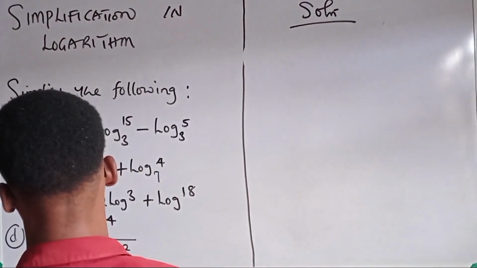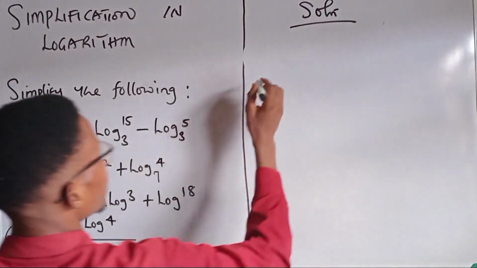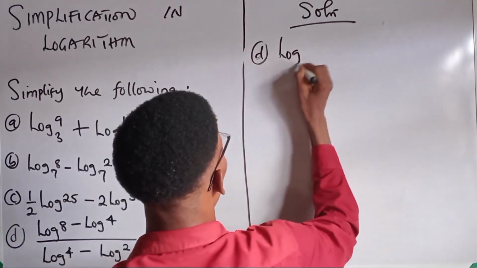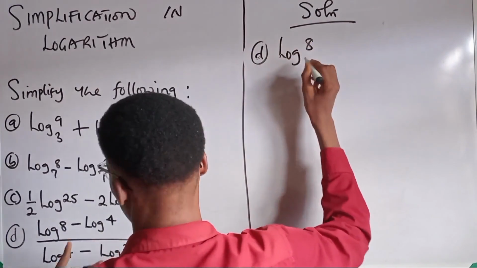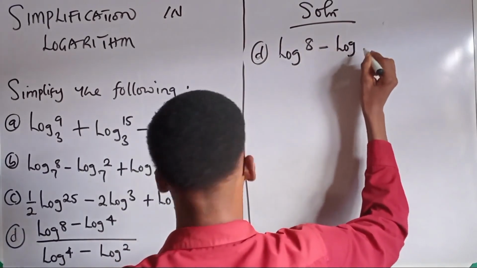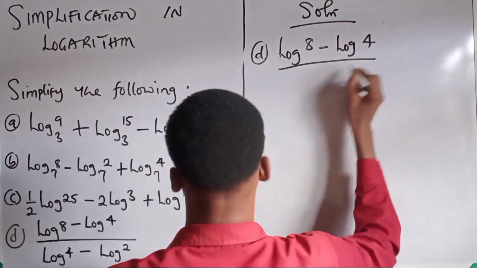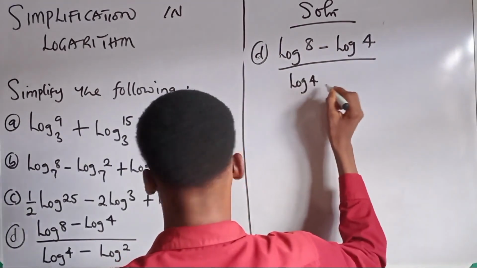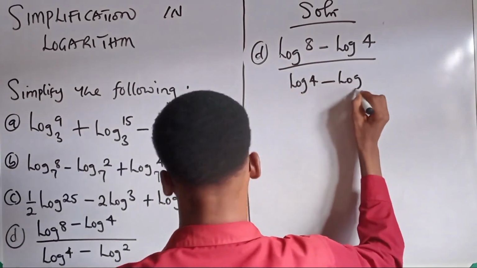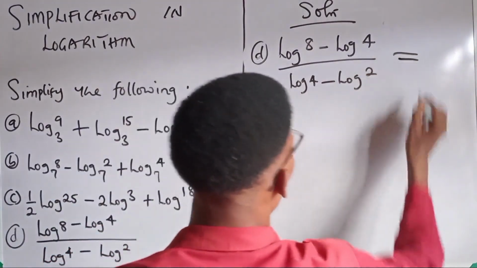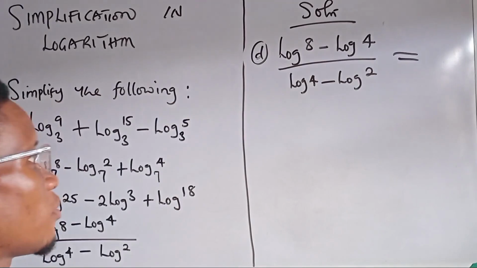The last one now, which is number D, is saying log of 8 minus log of 4, all divided by log of 4 minus log of 2. All right, so in this case now, how do you solve a problem of this kind?